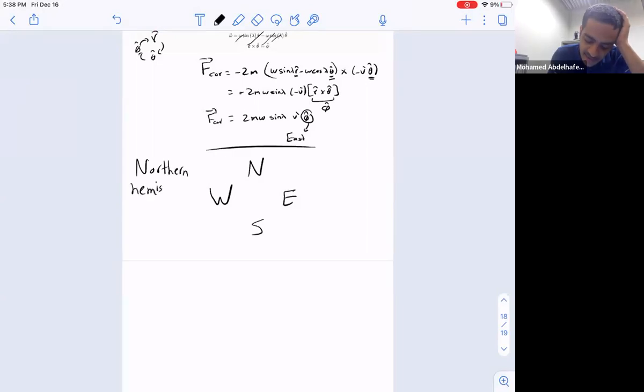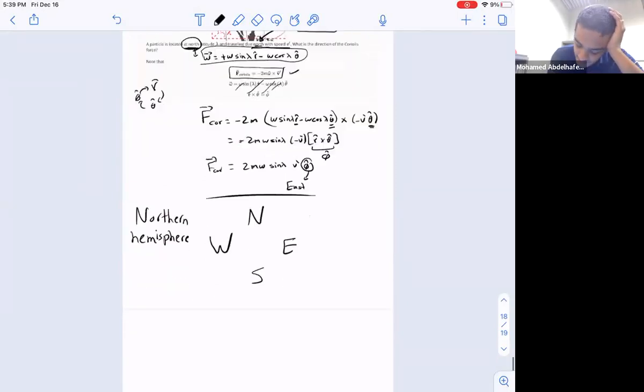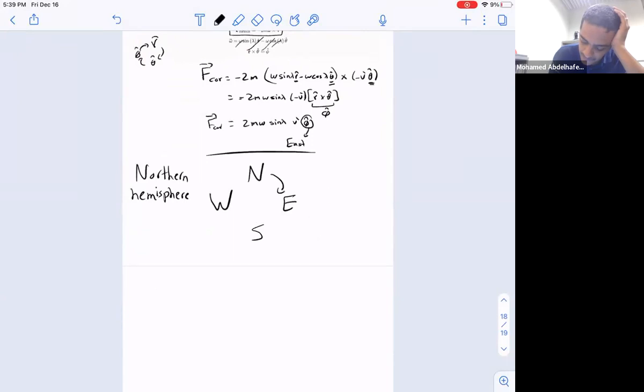In the northern hemisphere, this is what Coriolis does. If you move north, it pushes you east. Like this. And if you do the other combinations, if you start east, it pushes you south, it goes like this. That's how Coriolis acts. That's Coriolis in terms of directions on the northern hemisphere.